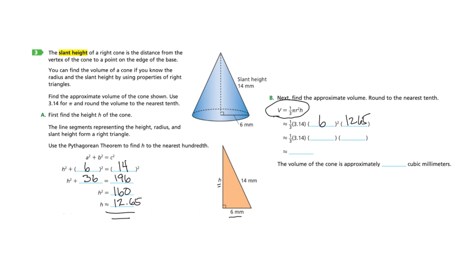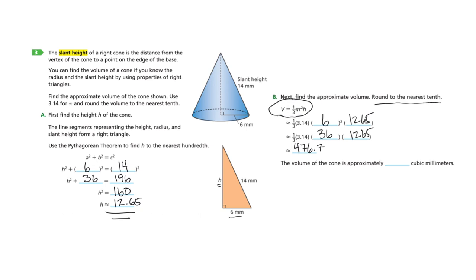So 1/3 times 3.14 times 6 squared, which is 36, times 12.65. And that equals approximately 476.7 when you round to the nearest tenth. So the volume of the cone is approximately 476.7 cubic millimeters. So that's the end of this lesson. I will see you in the next lesson.